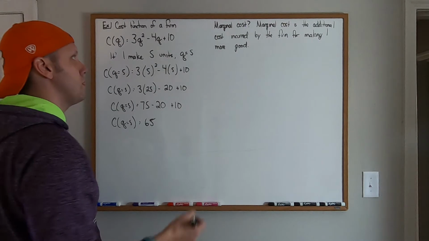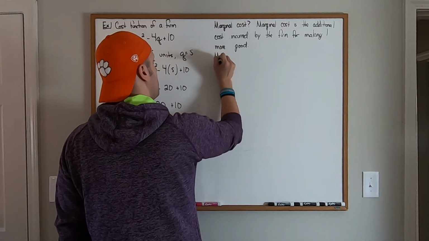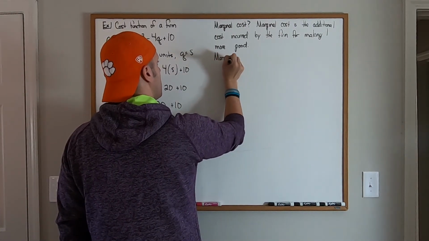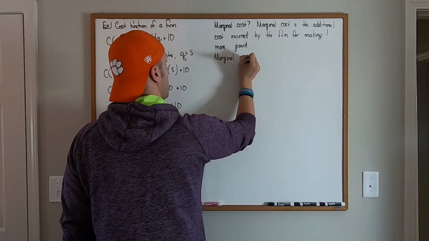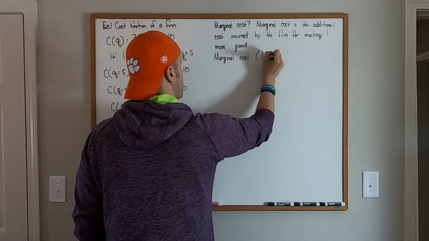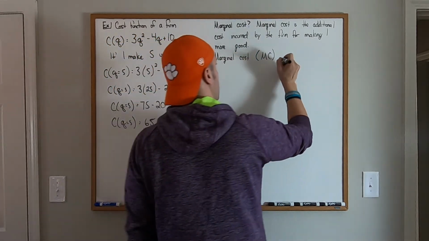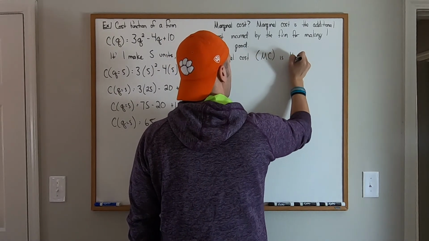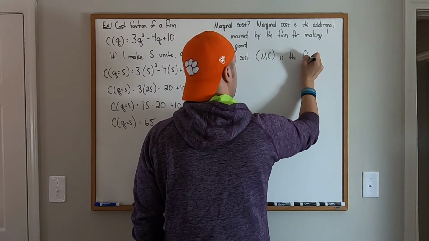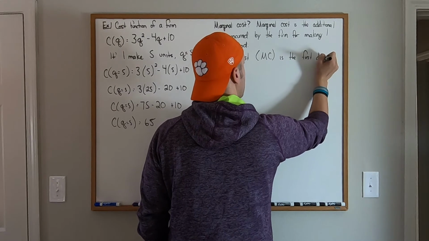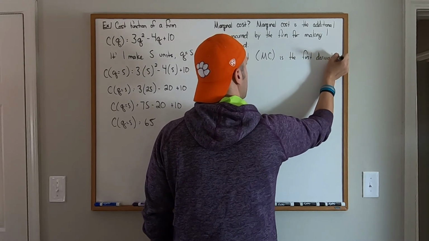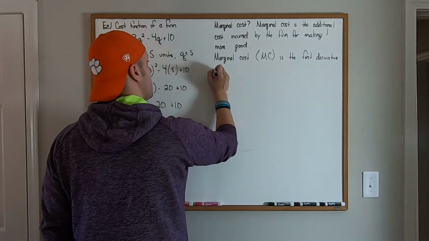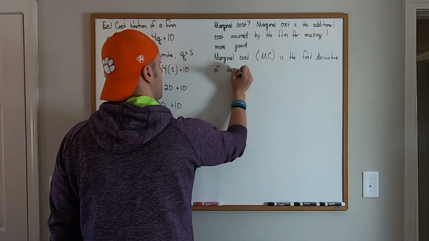How do I find the marginal cost? Well, marginal cost, which we write as MC, is the first derivative of the cost function.